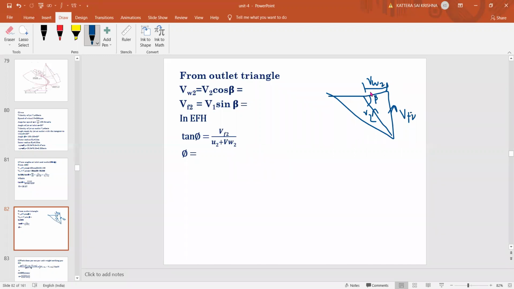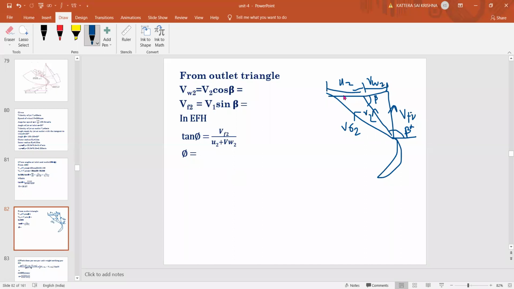Okay. And this length is U2. A little bit roughly I'm drawing. This is VR2. First we'll get VR2, then V2, then vertically VF2. And if this is the blade, this angle will be given as beta star, which is given in the problem as 130 here. With the tangent, V2 is making an angle. That is the meaning here.